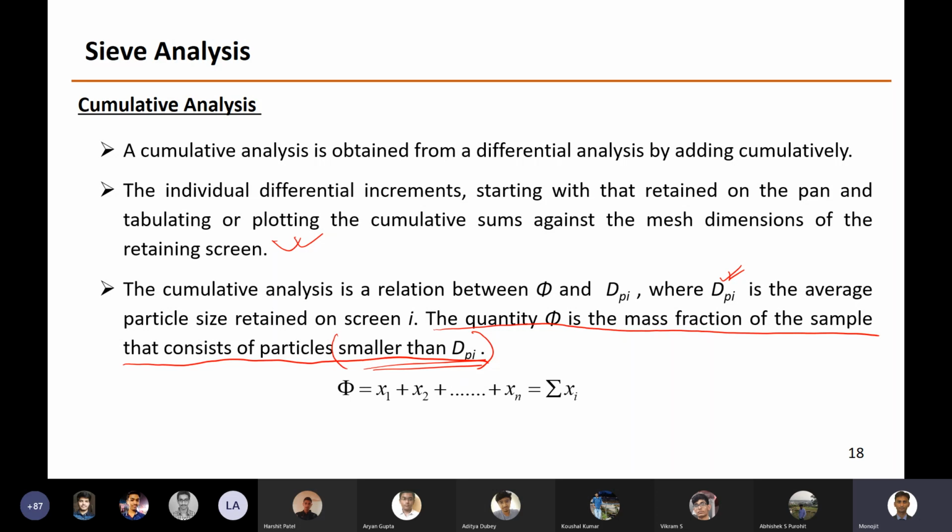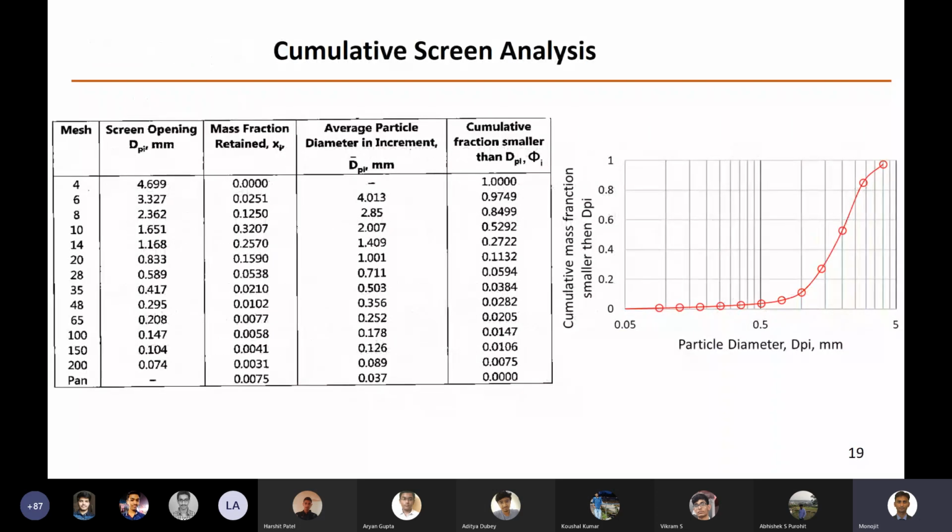An example will make things more clear. Let's take the same example which we have seen for the differential analysis. So this mesh number, screen opening, mass fraction, these three you will get from the experiment. You have seen the vibrating screen experiment also. In the vibrating screen experiment, this thing is not there.